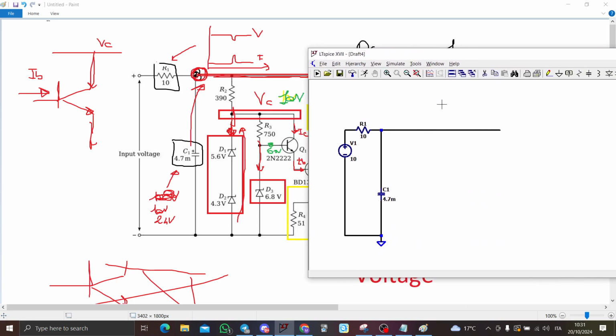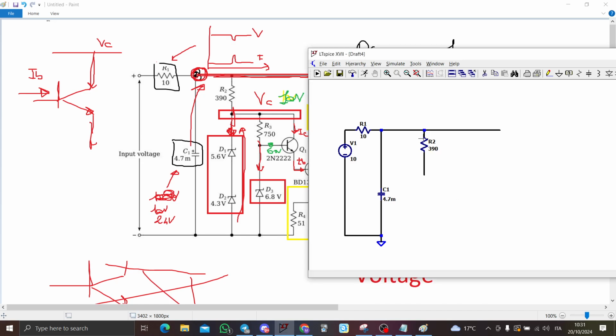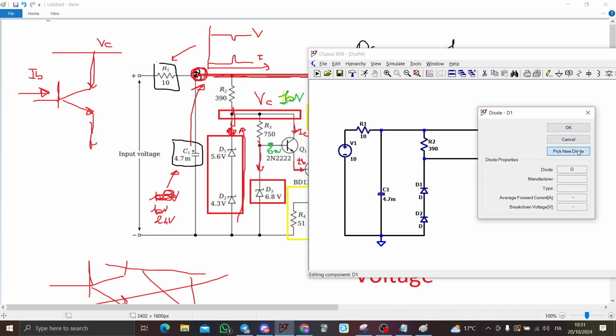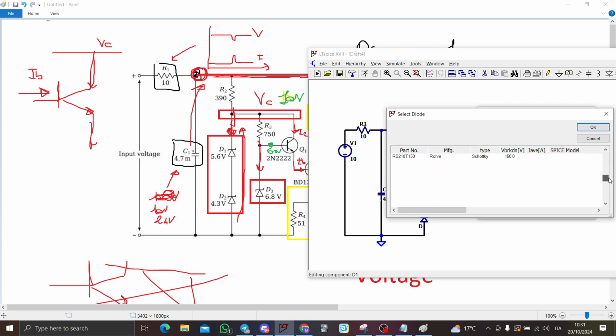We have the resistor R2. If we can clone also the reference, it would be good. D1 and D2. Okay, D1 must be a Zener diode.